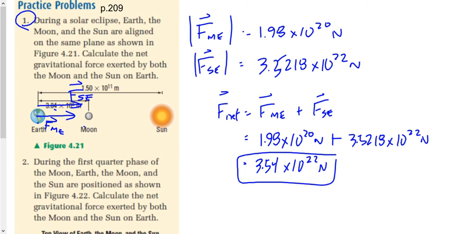Yeah, because the force of the moon and the sun are in the same direction. If you get the moon on the other side of the Earth, the force was 3.50 times 10 to the 22 newtons. If you have them on the same side, like right here, the force is 3.54 times 10 to the 22 newtons. So it seems pretty logical that you'd end up getting higher tides as a result of that. Good.